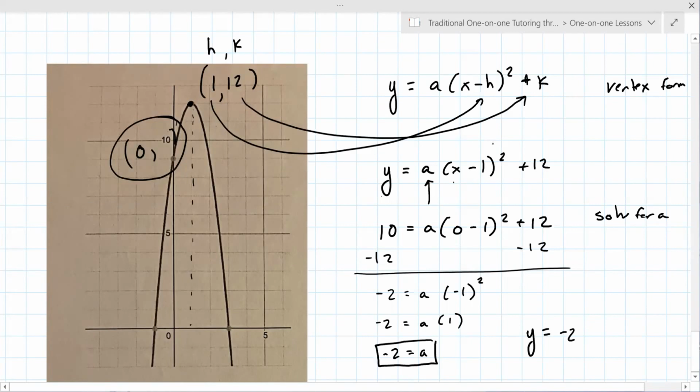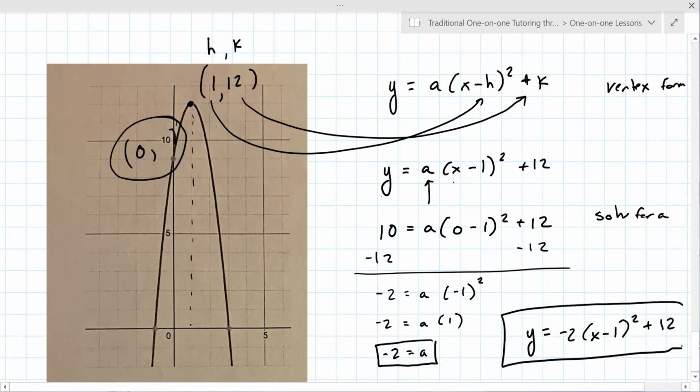Well, no, you have to have this (x - 1) squared plus 12. This is your final equation. You have to take that value back and put it in for a. Yes. And then you have your final equation.